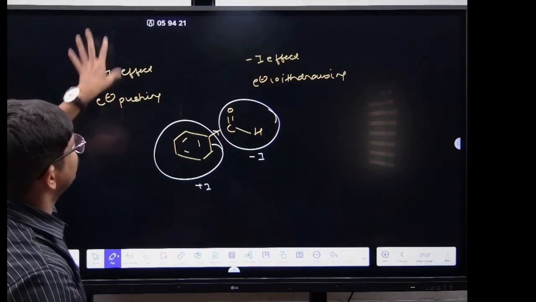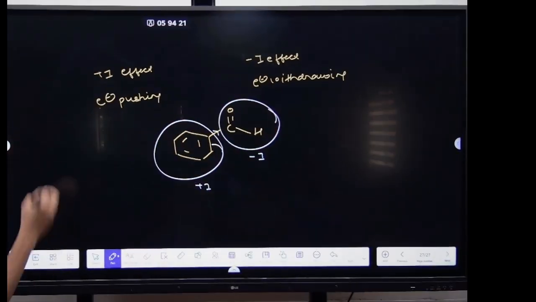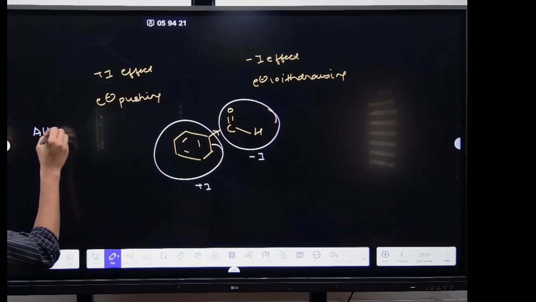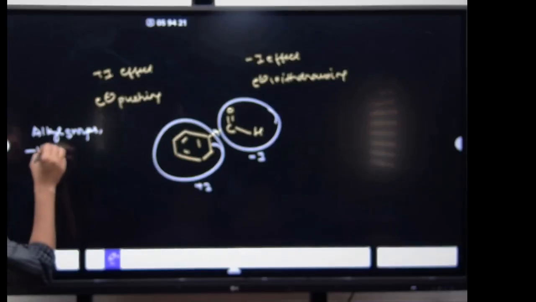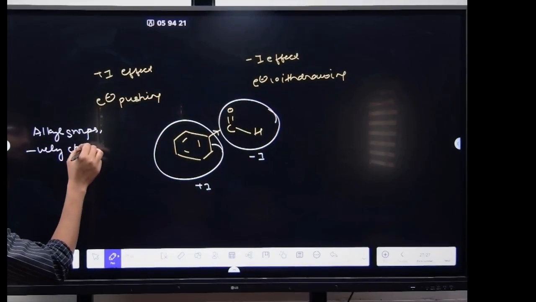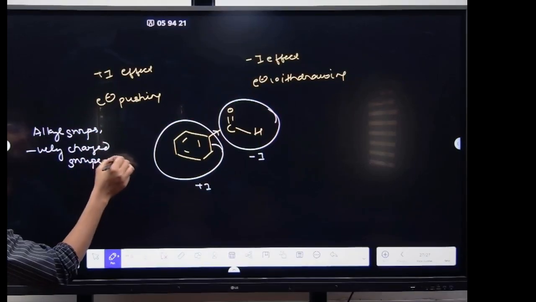Now, which groups are showing the plus I effect and which groups are showing the minus I effect? Generally, alkyl groups, negatively charged groups will show the plus I effect.